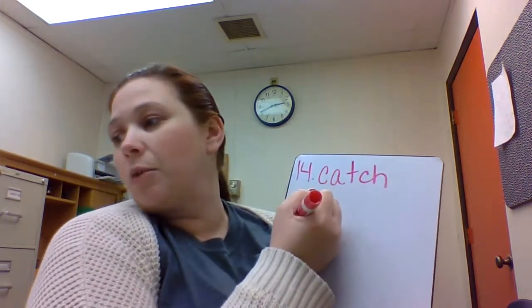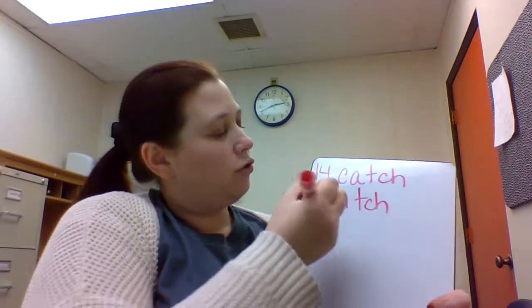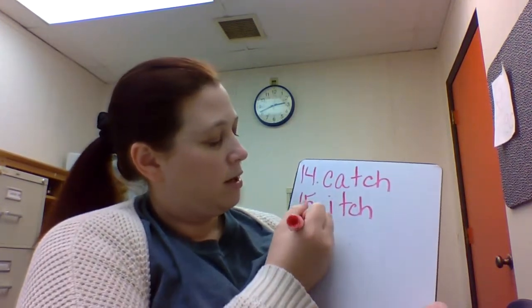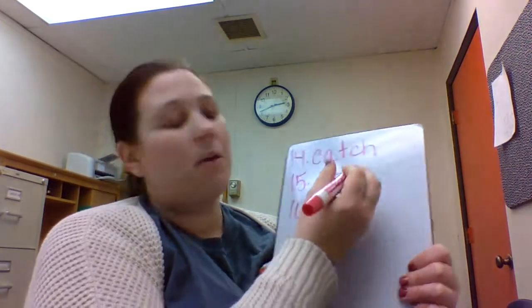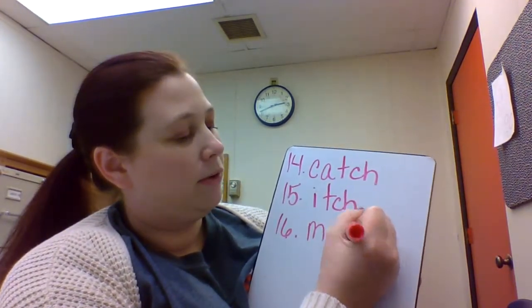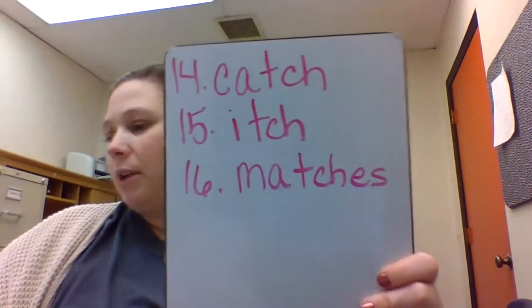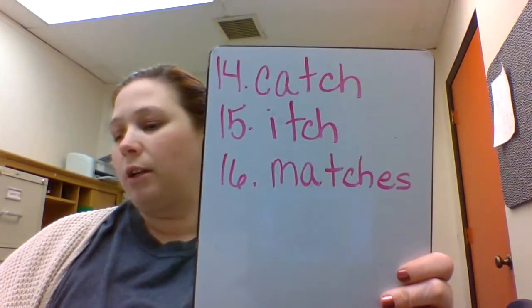Number 15, we're going to spell itch. We already spelled these right. Itch. And we're going to spell that C-H because we had the I sound. And number 16, we're going to spell matches. Again, so we're going to do the T-C-H and then as, E-S. All right, make sure you have those 3 down before we move on to coding.